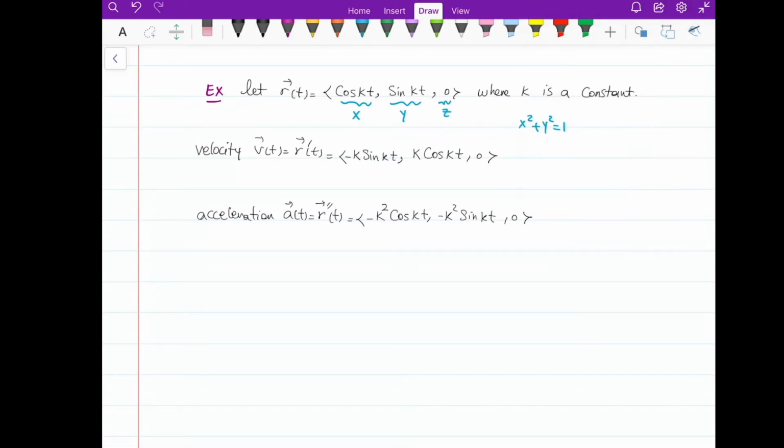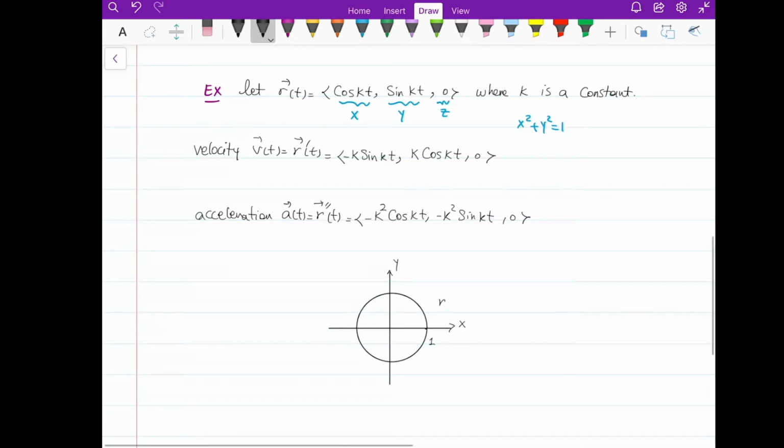Let me graph it. X-axis, y-axis, and I have a circle of radius 1. This is my r of t. Assume that I'm here at the time t, at this very specific point. When I take the derivative, I get this vector in here, and you may notice that the dot product of r of t with r prime of t is equal to 0.